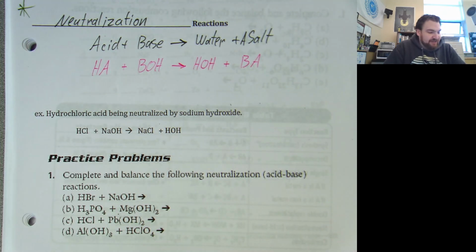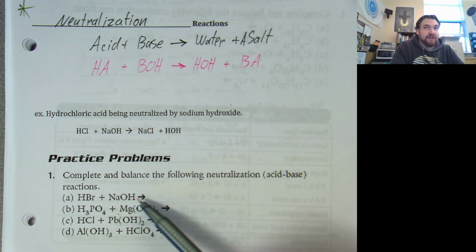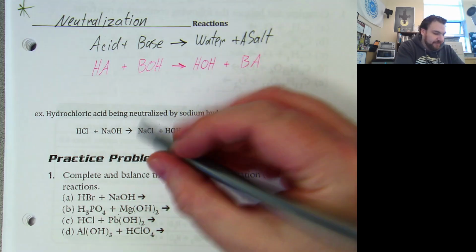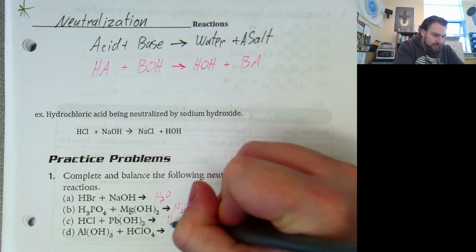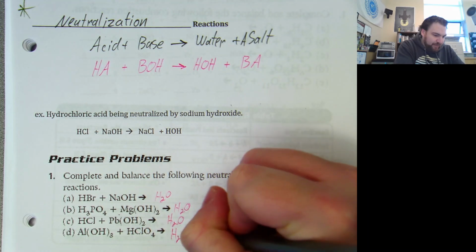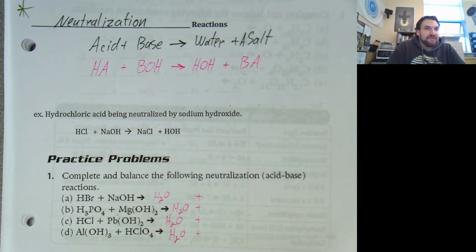So I don't even necessarily think we need a ton of time here. For all 4 of these, what's the first product going to be? Water. So we can just go ahead and write H2O for all of them. And then we can go back and we can make the salt. What's the salt from the first one?